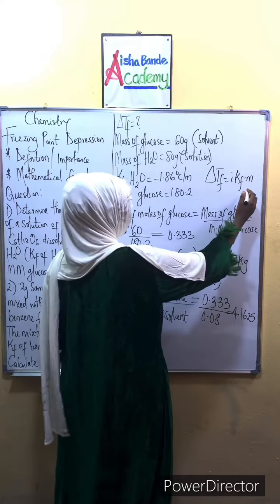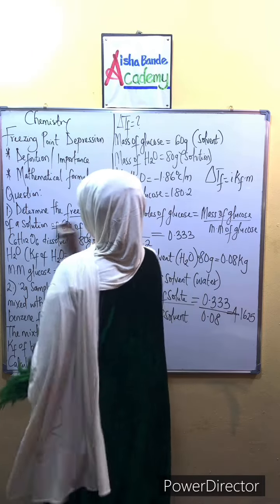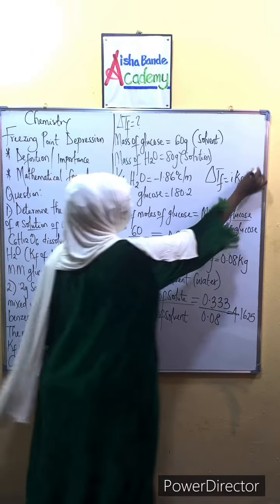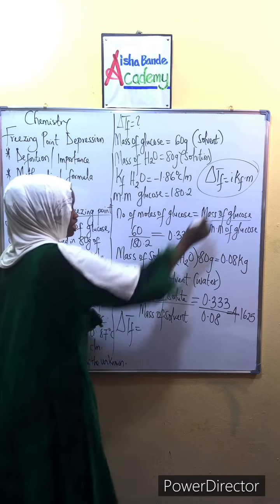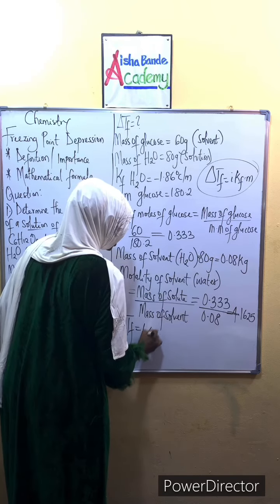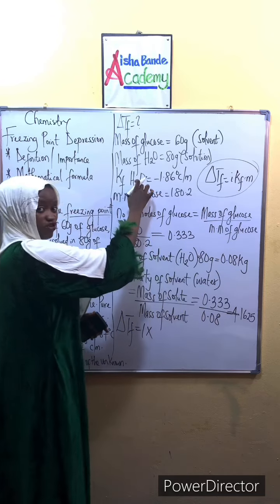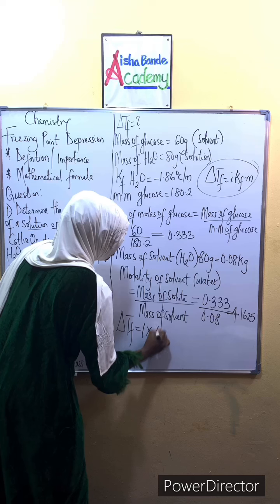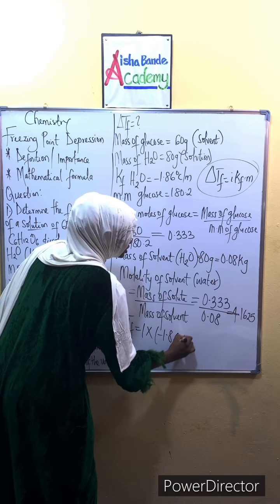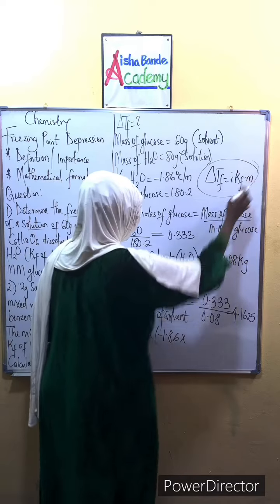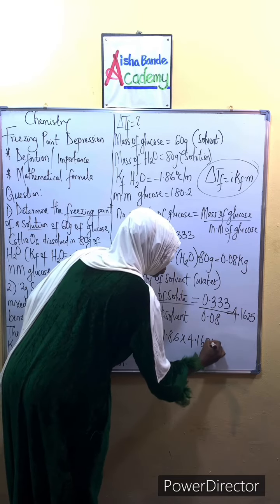So now we have all the relations we need to get the freezing point of the solution. Using this relation, change in Tf is equal to, our i here is going to be 1, times the Kf, which has been provided in this question as minus 1.86, times the molality, which we have calculated to be 4.1625.